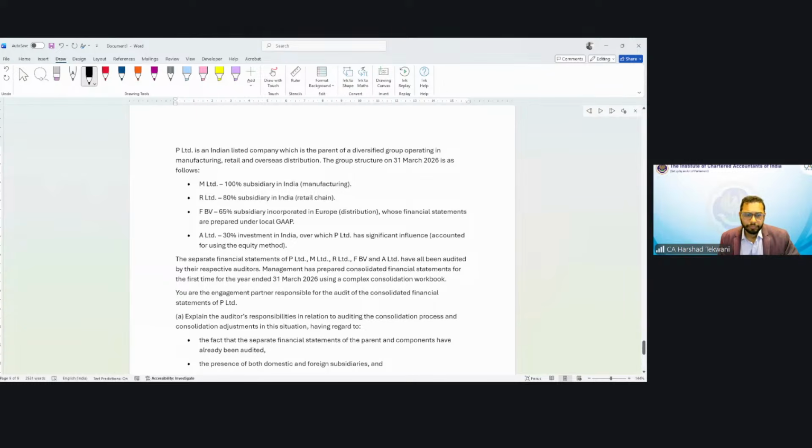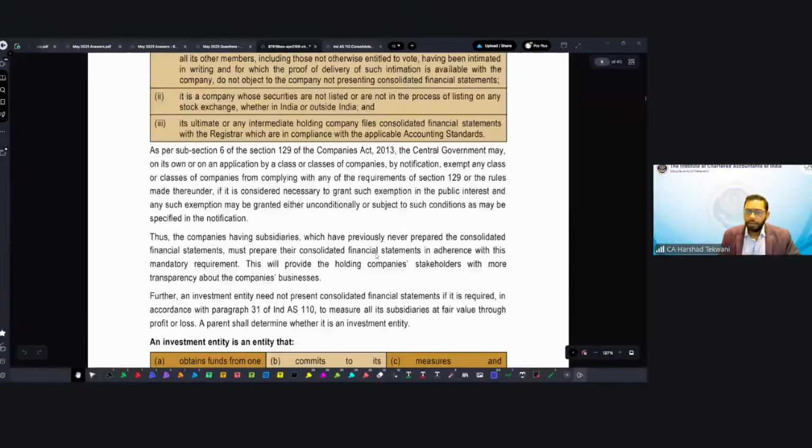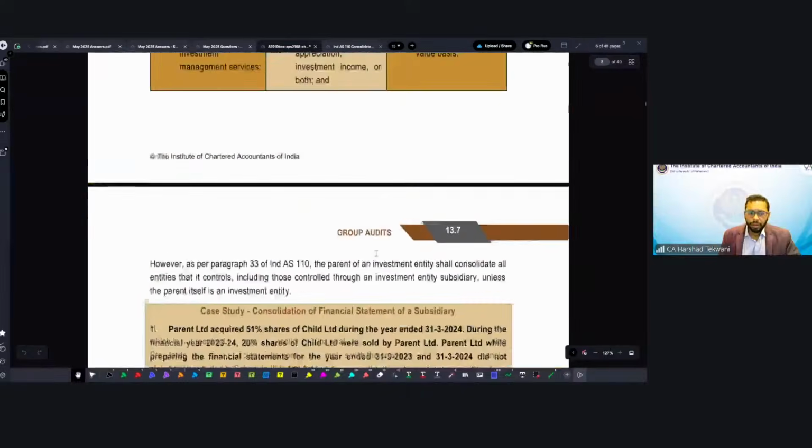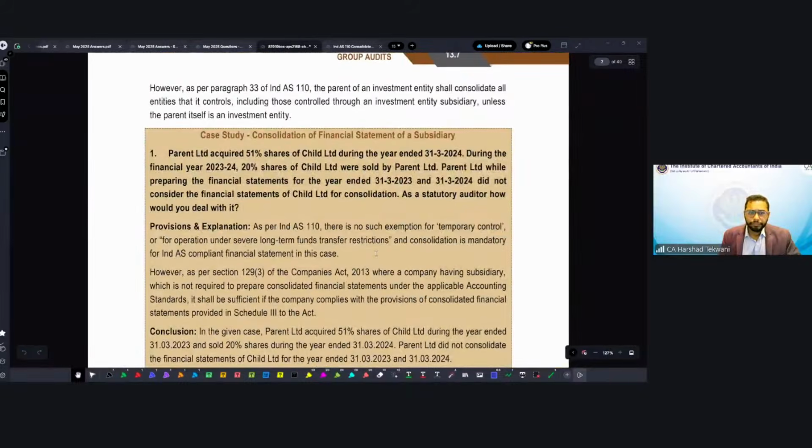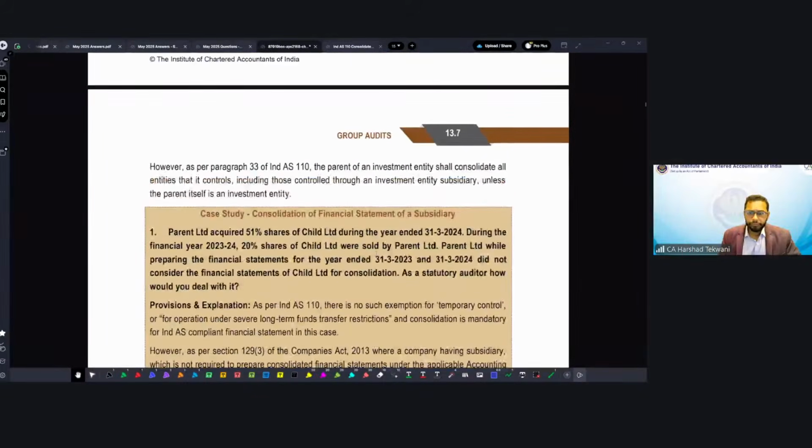So for an investment entity to claim the exemption, actually parent and subsidiary both need to be investment companies, no, sir? No, not necessary. See, which paragraph are you talking about on page number 13.7? Yes, tell me. This paragraph you're talking about?